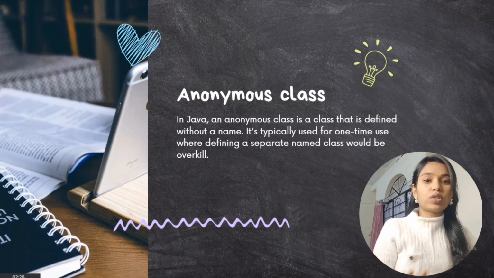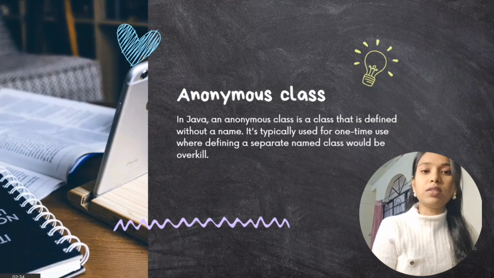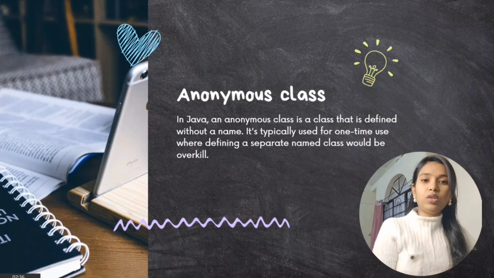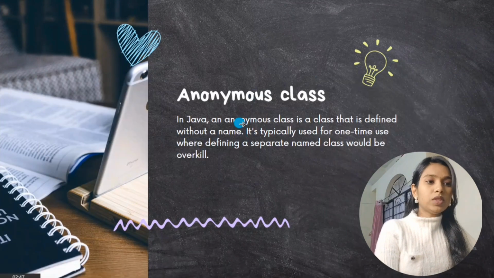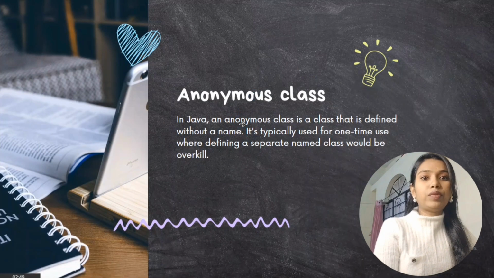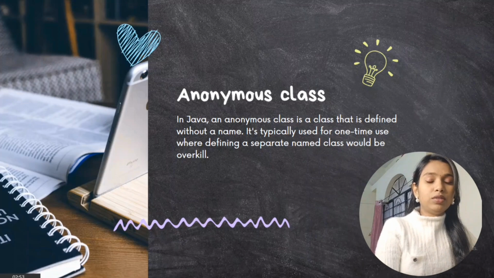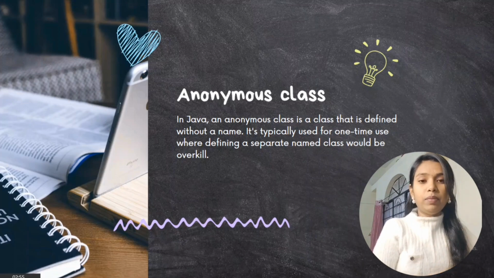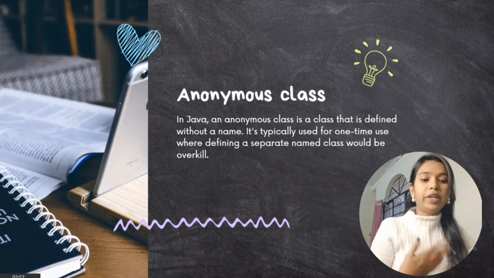You want to show something, but you want to override that method and use it only once. In that case, you can use an anonymous class. So we will quickly go to the editor so that I can implement it and you will get to know it in a better way.